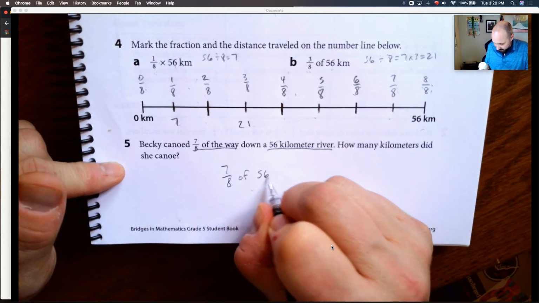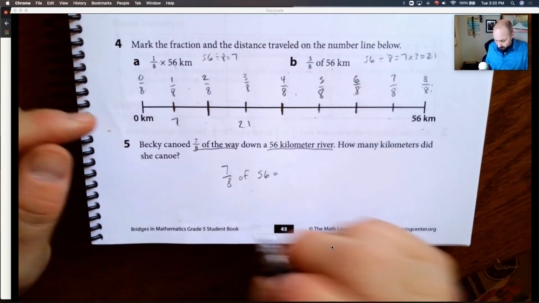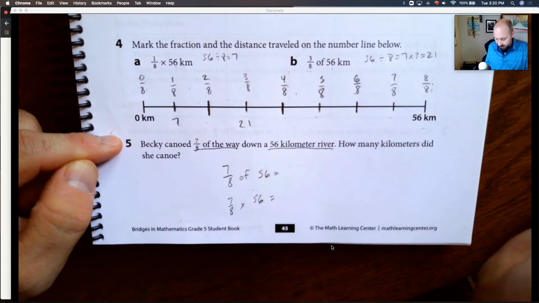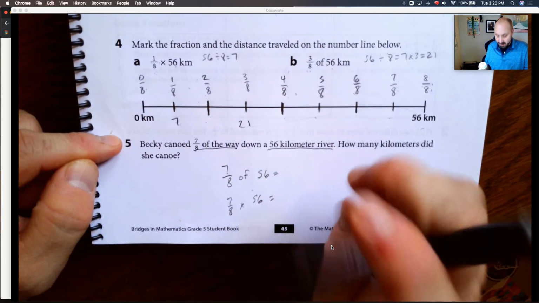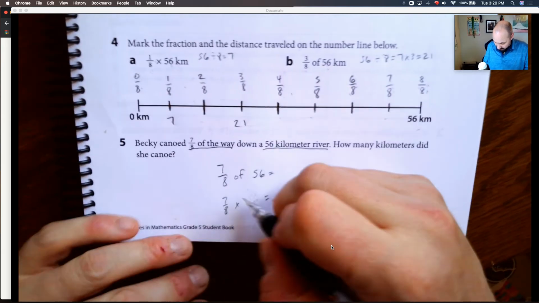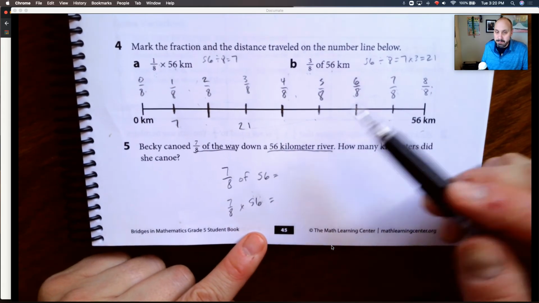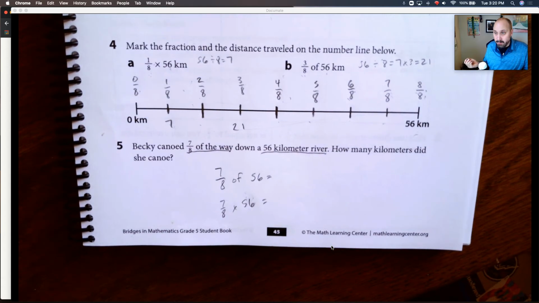7/8 of 56 is. Remember, 7/8 of means the same thing as times. So 7/8 of 56, let me write that a little better, is the same thing as saying 7/8 times 56. Okay, so I'm going to go ahead and write all of our sevens down now.